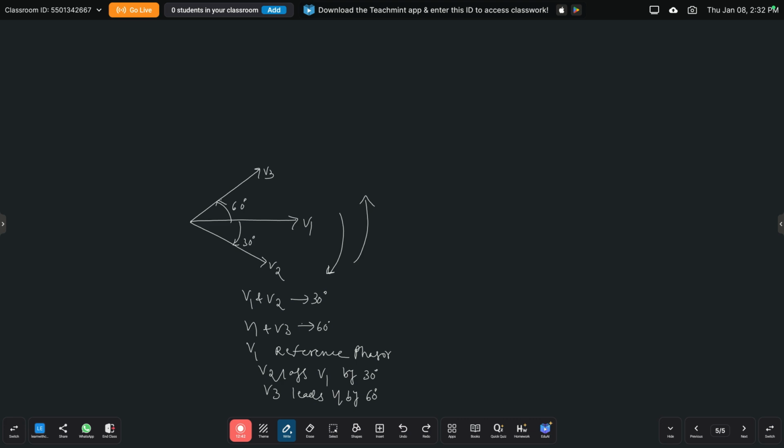Now V2 is downward, so you can say that V2 lags V1 by 30 degrees.